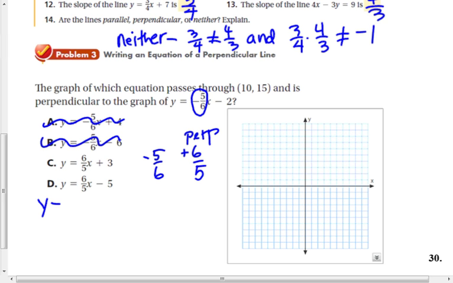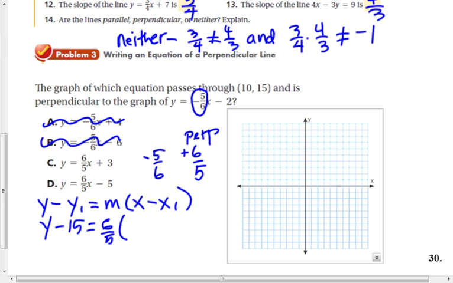So I'm going to use point slope form and substitute in 15 for y sub 1, 6/5 for the slope, and then I'm going to substitute 10 in for x. And I'm just going to simplify that. 6/5 x minus 12. 6/5 times 10 is 12.